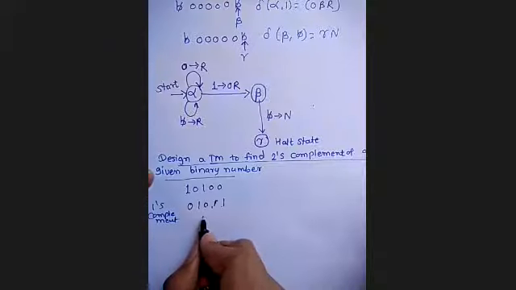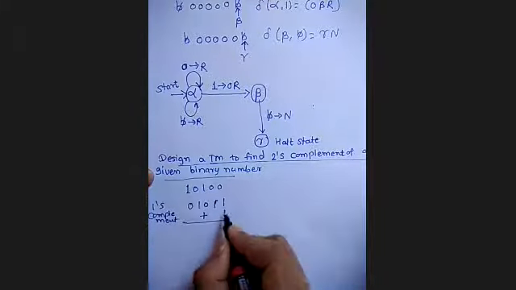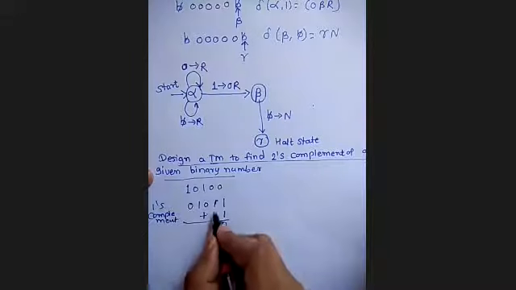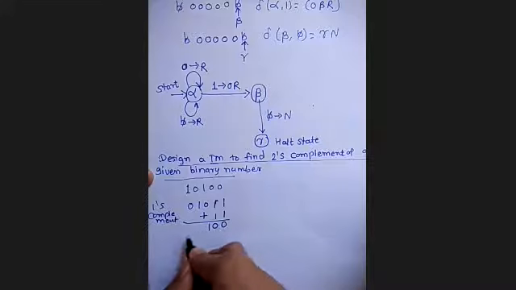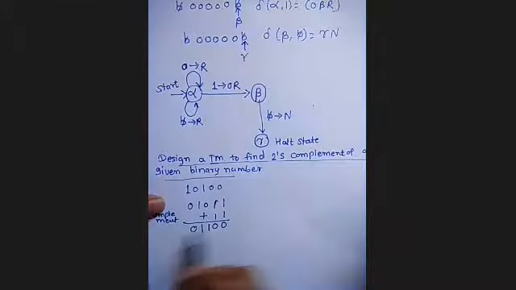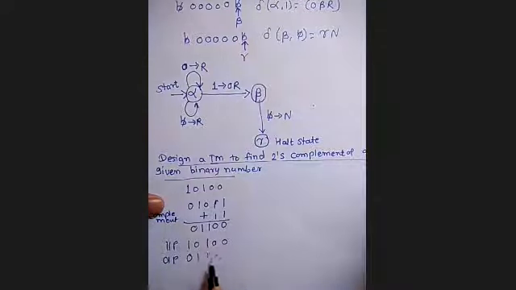So if I add 1, 1 plus 1 is 0 with a carry, and so on. So our given number is 1 0 1 0 0. This is our input. And what output are we expecting? 0 1 1 0 0.